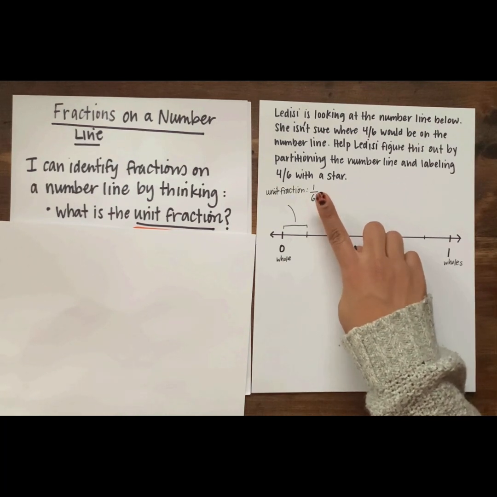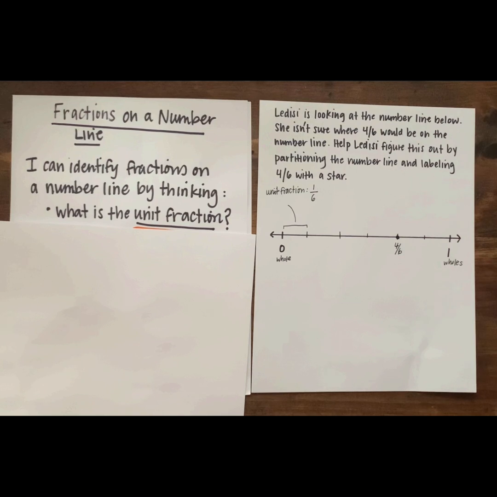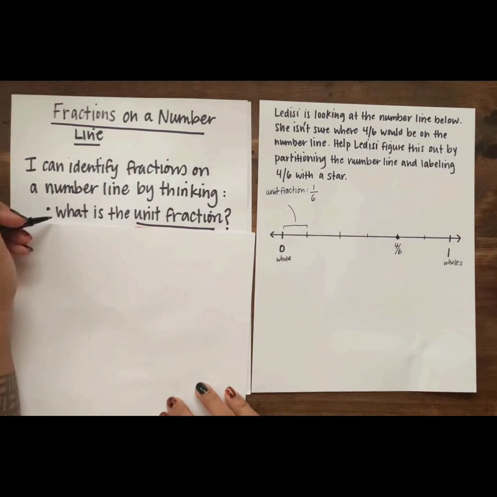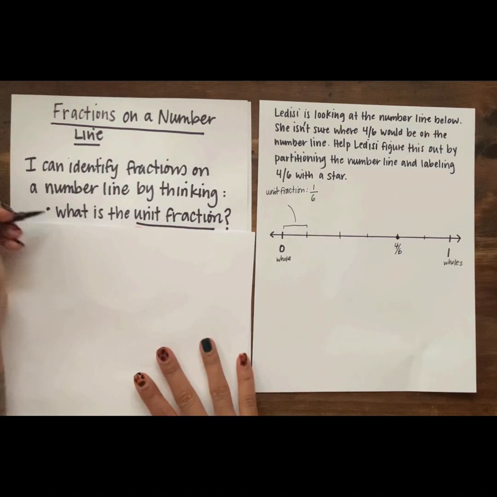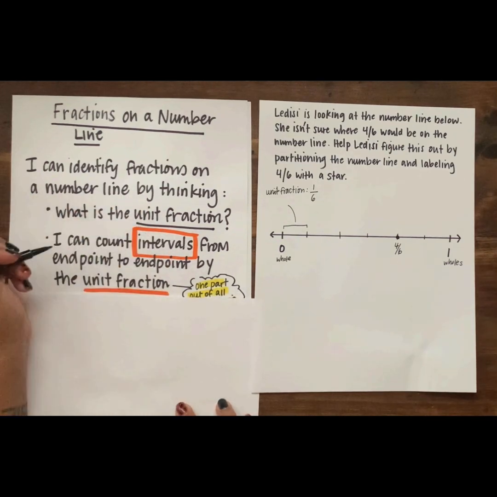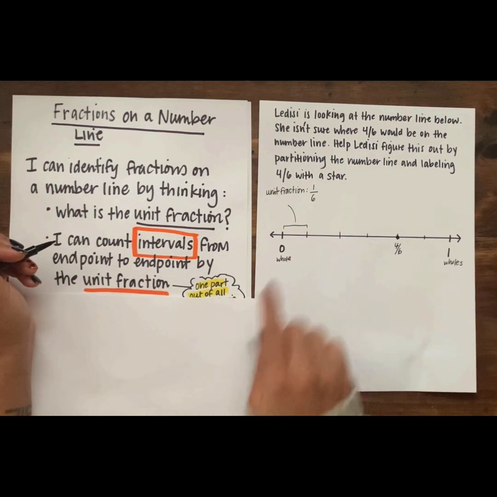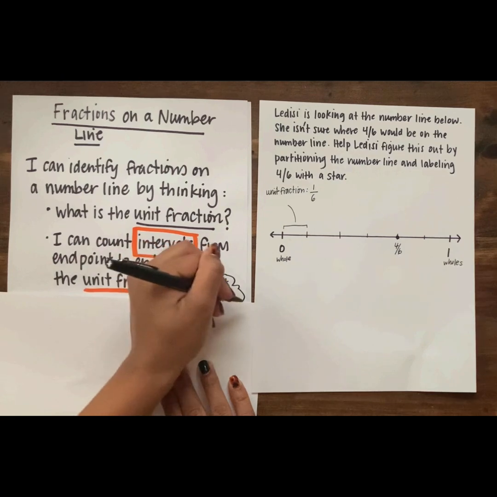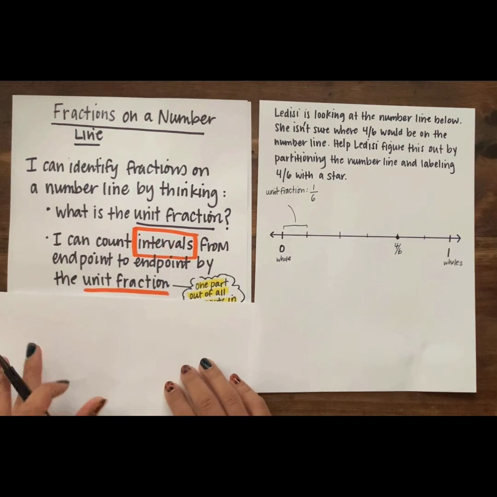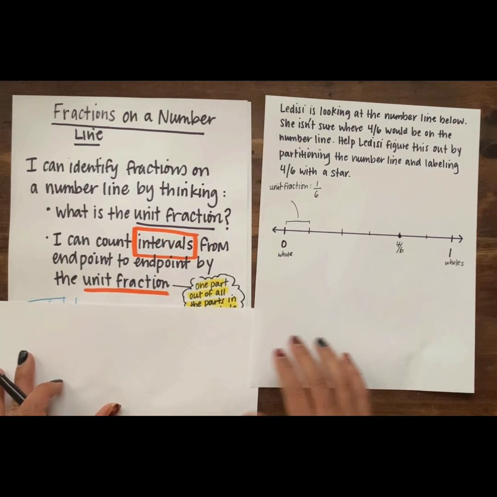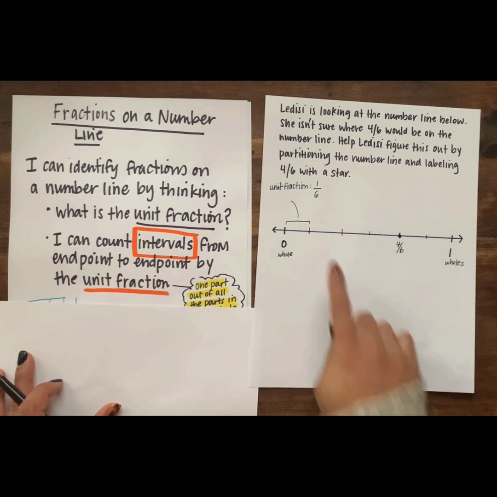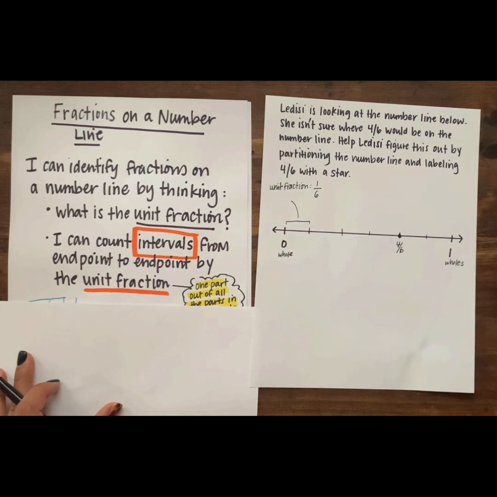Smart. When we're placing fractions on a number line, we want to think, what is our unit fraction? And then we can count our intervals from endpoint to endpoint by the unit fraction, just like we did here. How can we label the rest of this number line with sixths?